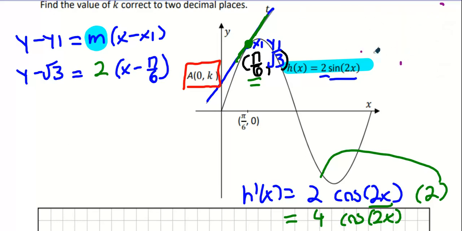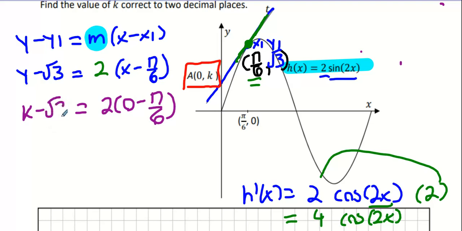Anywhere I see x, I'm going to replace it with 0. So it's going to be 2 times 0 minus pi over 6. And anywhere I see y, I'm going to replace it with k. Then I'm going to get 2 times pi over 6, which we know is minus pi over 3.